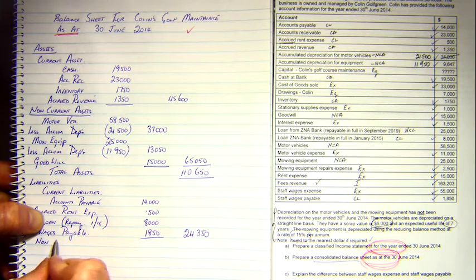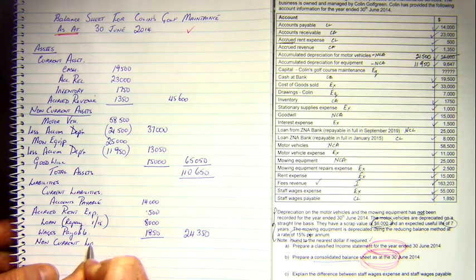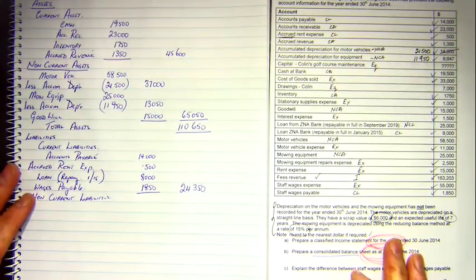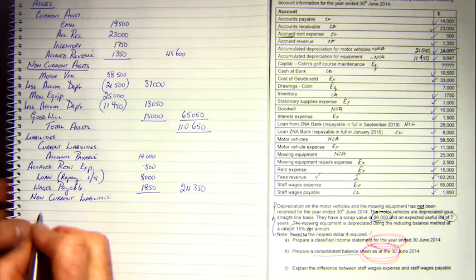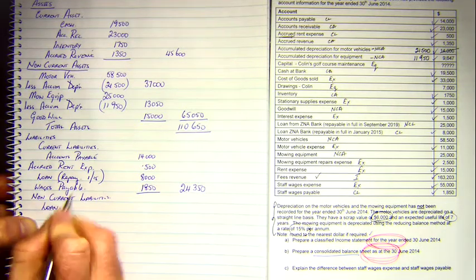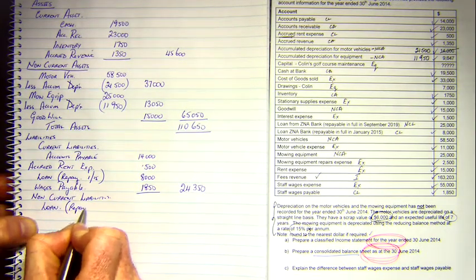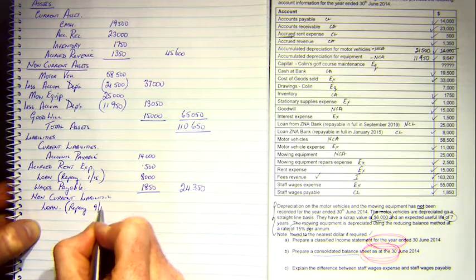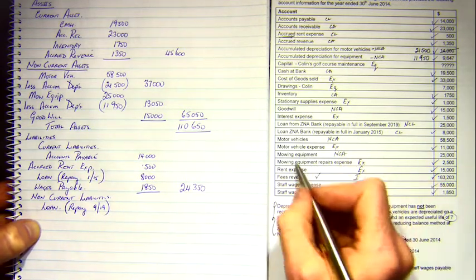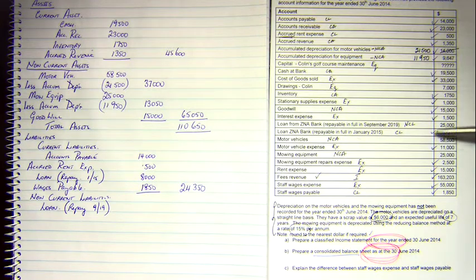Okay, non-current liabilities. Slide my page up that little bit. What's my non-current liabilities? Loan. Is there any others? Loan, I'm going to put repay. When do we repay my loan? It's the only non-current liability?